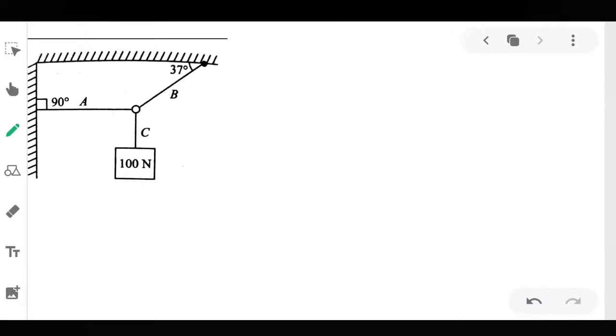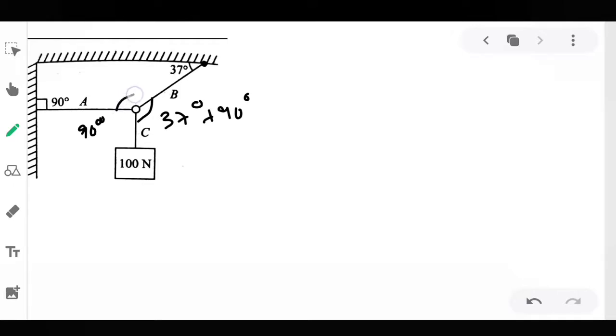This angle is 90 degrees, this angle is 90 degrees, and here this angle is 37 degrees. So this entire angle should be 37 degrees plus 90 degrees.